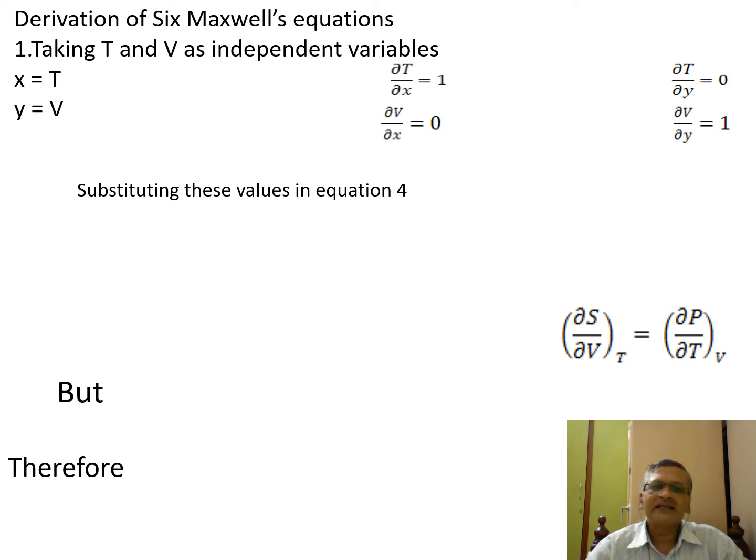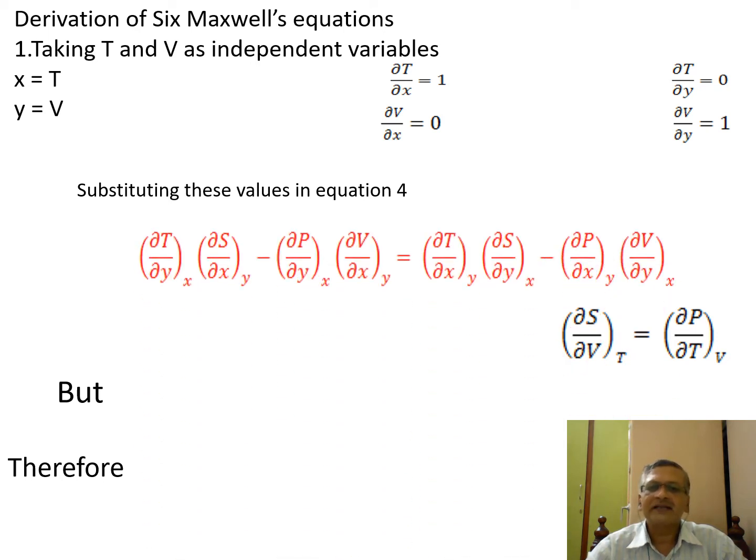In the generalized equation, we are writing the generalized equation like this. Now substitute dou t upon dou x as 1. If we take the first term, dou t upon dou y is there. So dou t upon dou y, the value is 0. So 0 into the next term, it becomes 0.